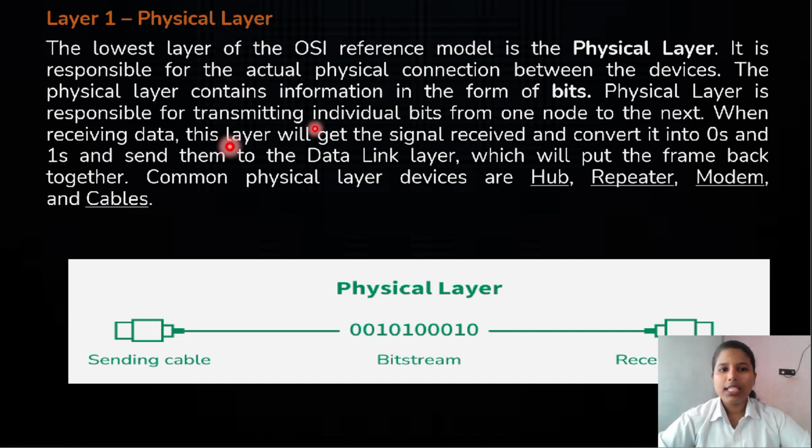We said that what the user gives at the application, when it reaches the physical layer, is in the form of bits. The physical layer is responsible for transmitting individual bits from one node to the next. When receiving data, this layer receives the signal, converts it to zeros and ones and sends it to the data link layer, which puts the frame back together. Common physical layer devices are hubs, repeaters, modems and cables. So that is our sending cable and receiver cable.